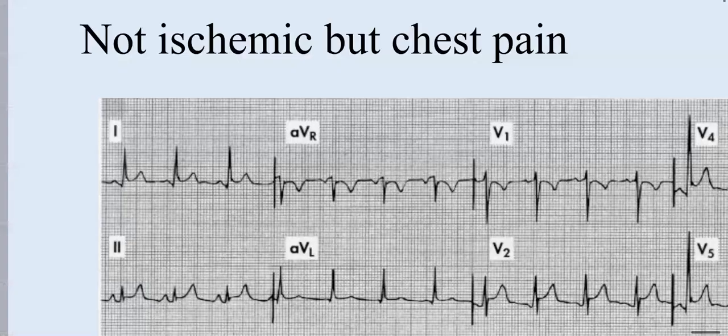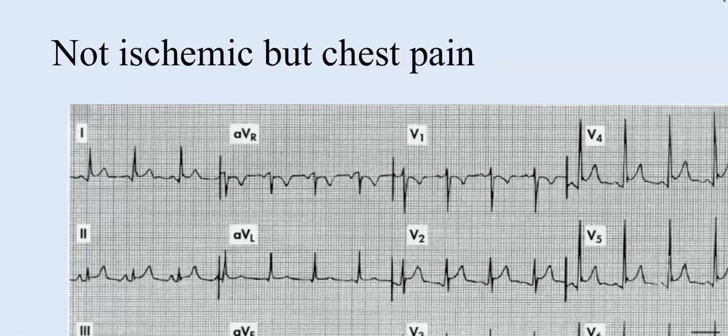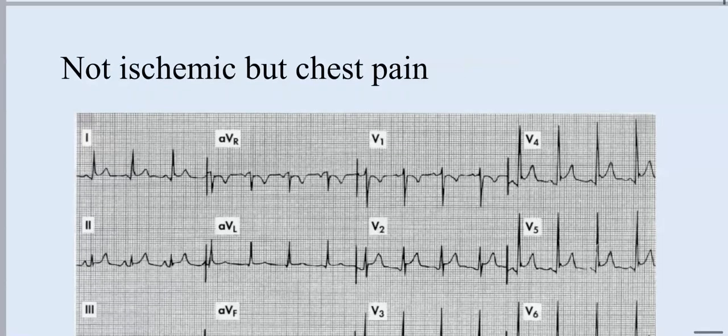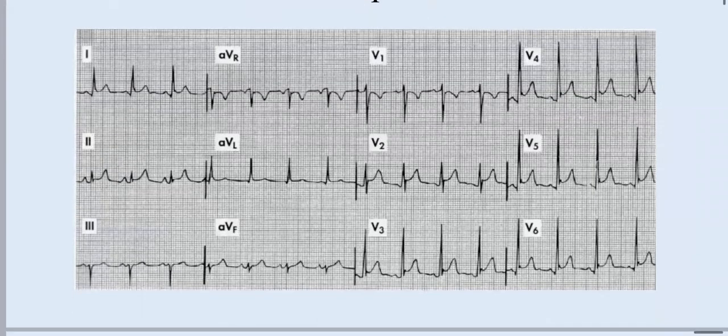This is the most specific feature of pericarditis if you can demonstrate it: the sagging of the PR in all leads except in lead aVR, in which it's elevated. So if you demonstrate that, you are specifically talking about pericarditis. But again, pericarditis and early repolarization look alike.